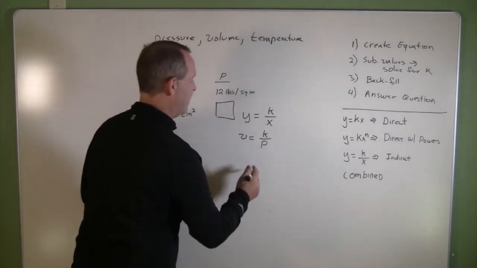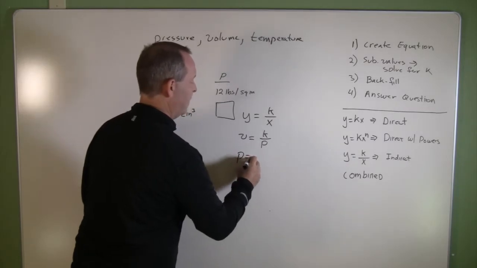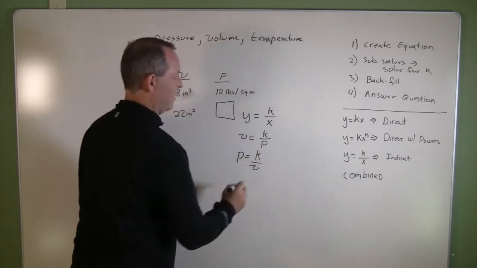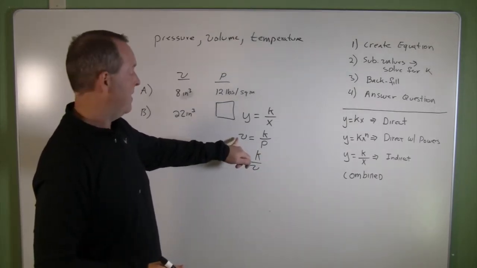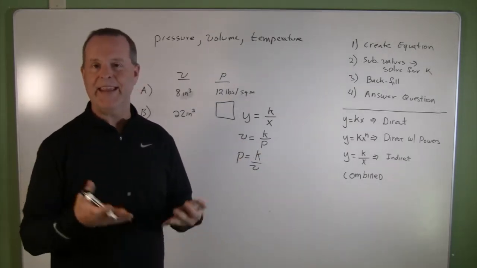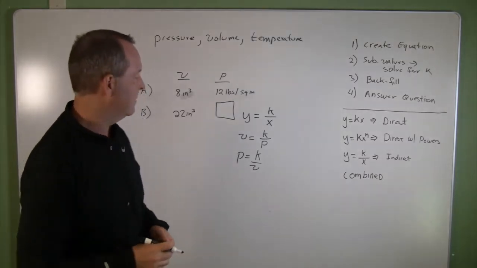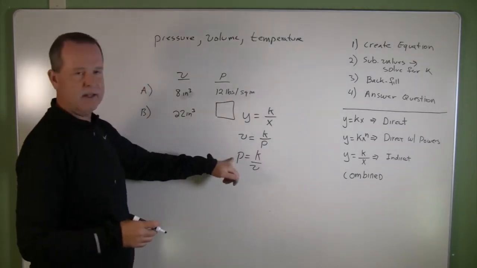So I can also write this very easily as pressure varies indirectly with the volume. That's just multiplying both sides by P and dividing both sides by V, and that gets me another equivalent equation. Regardless, both of these will work.